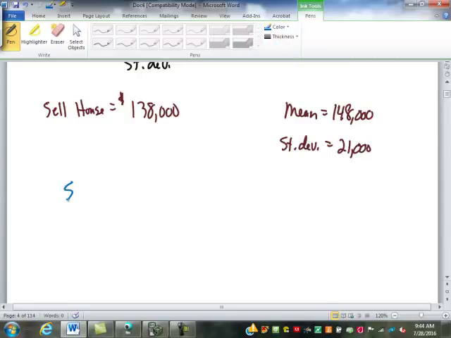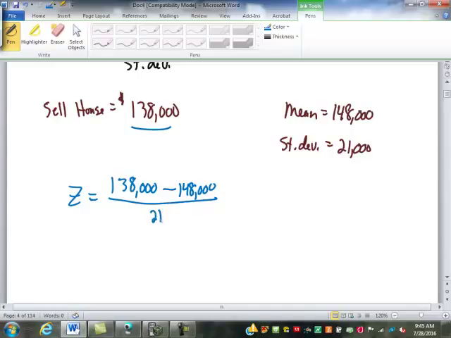Our z-score is going to be found by taking the $138,000, which is our number, minus the mean of $148,000, divided by my standard deviation of $21,000.